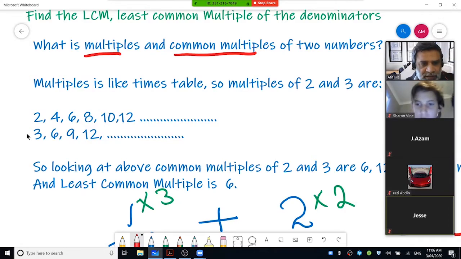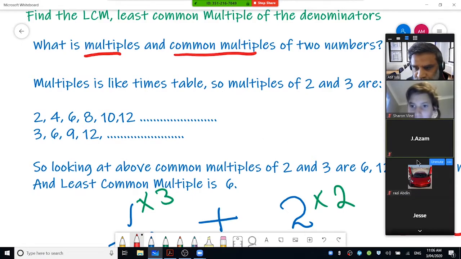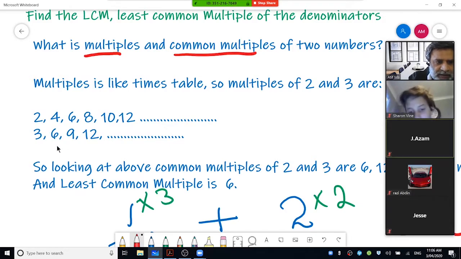We understand that, so these are the multiples. Now let's see what the common multiples are. If we compare these two, there is a 6 which is in both. So this 6 is a multiple, and also 12 is a multiple of both 2 and 3.